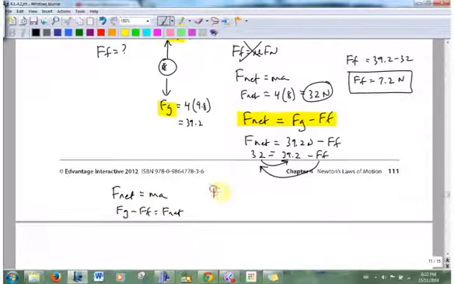So let's combine these. So Fg, I know is mg. Force of friction is what I'm trying to find. And if I rearrange this formula, again I put force of friction over on the right, change the sign, put this on the left, change the sign.